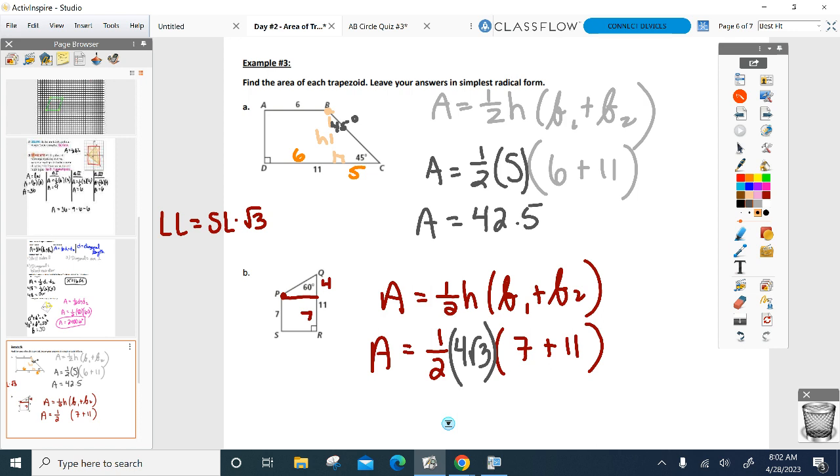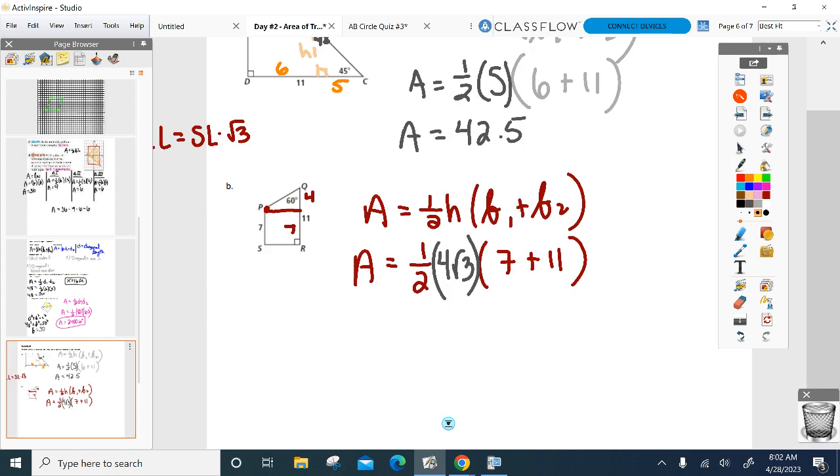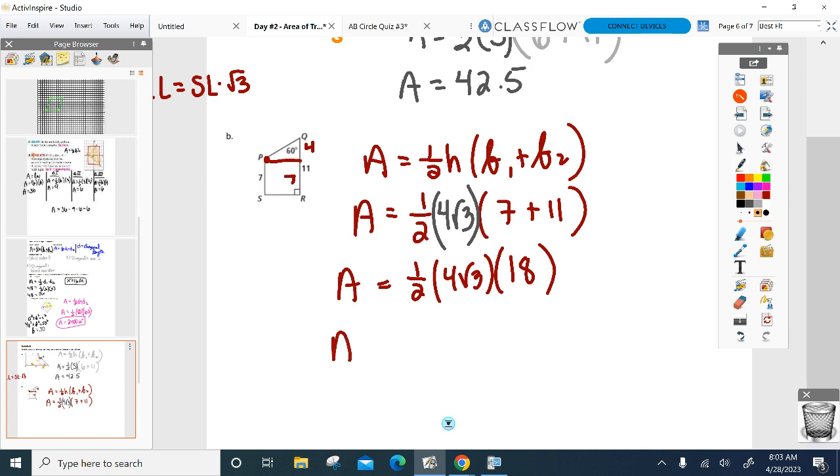Are we okay there? All right, let me show you now, because it doesn't do you any good just plugging it all in your calculator and getting that decimal, because I want simplest radical form. So here you go. I'll help you out here with the algebra. 1/2 times 4 radical 3 times 18. I could do 7 plus 11. I can multiply everything except the radical 3.